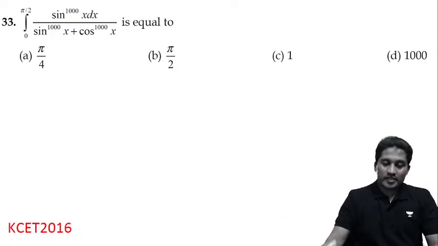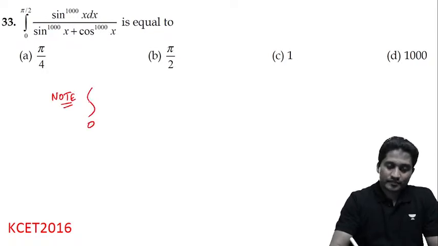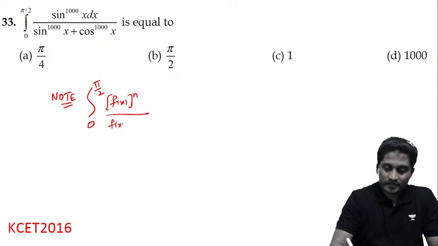See, when you have an integral like this, the limit should be 0 to pi by 2. Limit is 0 to pi by 2. f of x to the power of n, divided by f of x to the power of n plus f of (pi by 2 minus x) whole power n, dx.